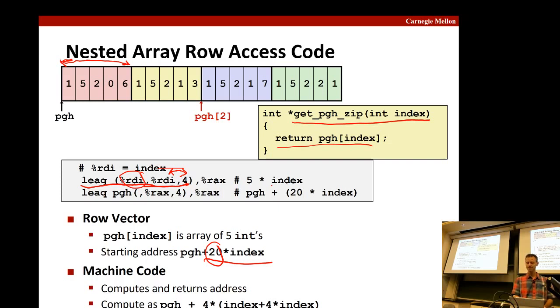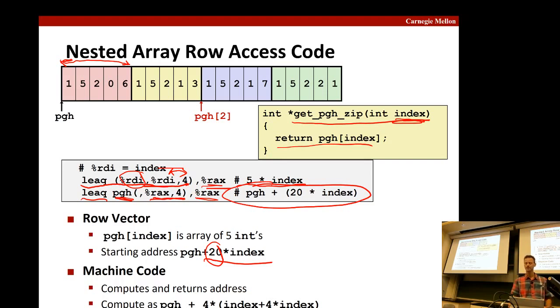The index is just what's in RDI, so I get 5 times index here. Then I use another LEA instruction to multiply that 5 again, because now it's sitting in RAX, by 4, so I get 20. Then I add on the starting address wherever PGH starts, and I store that in RAX. So the net result is I get exactly the address I'm looking for.